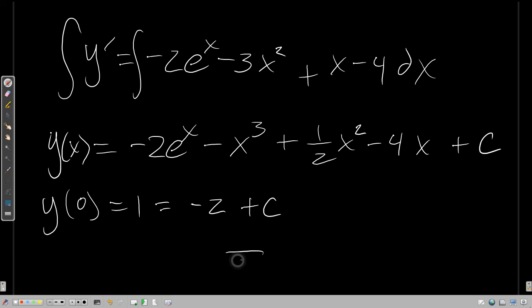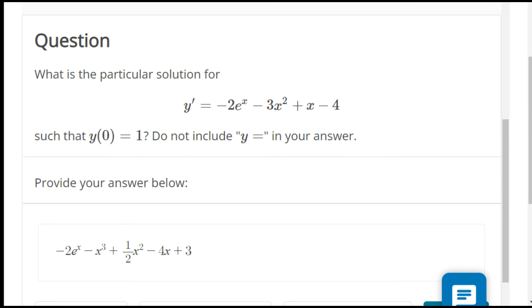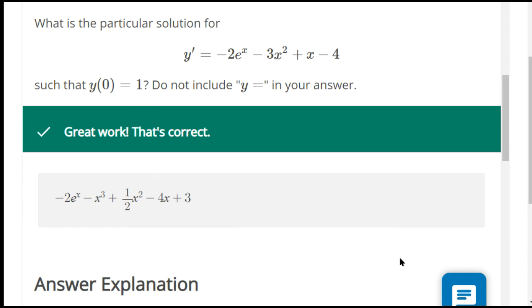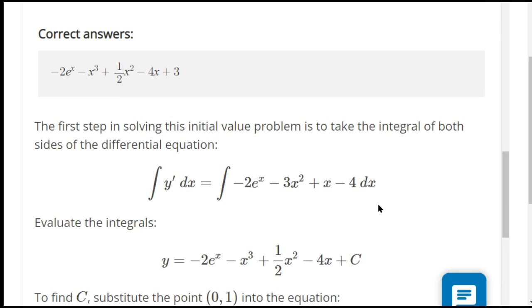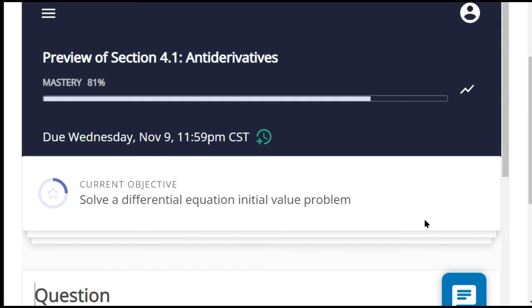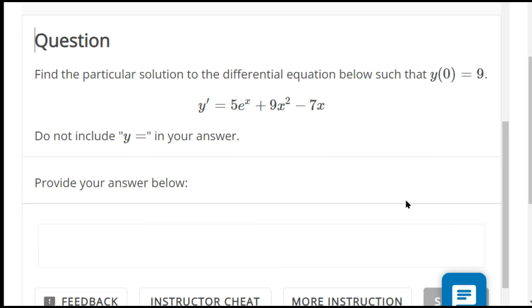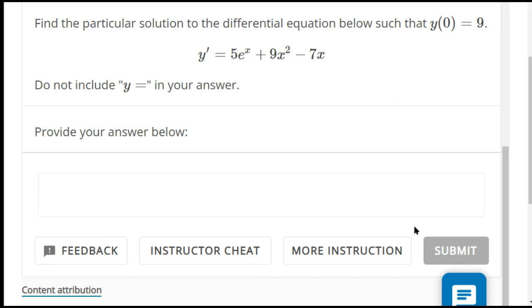Then c is 3. Okay, so then you can write down your antiderivative with that 3 instead of a c, and that's the particular solution. Well, they're not going to stump us twice on that.